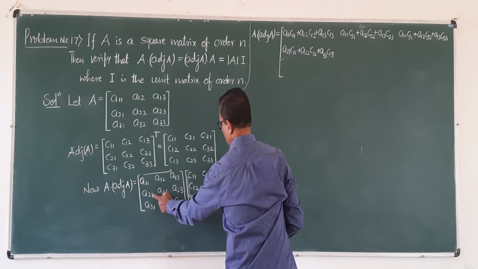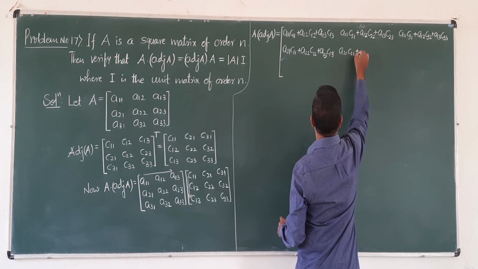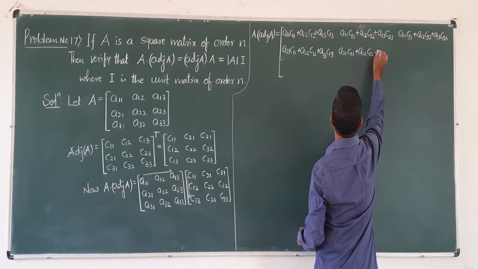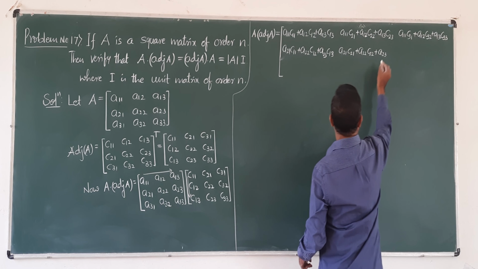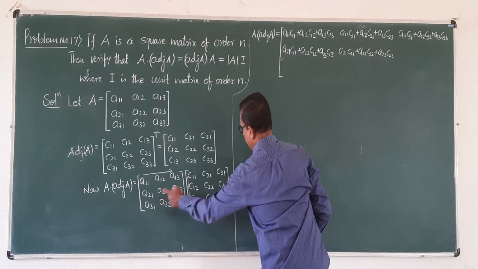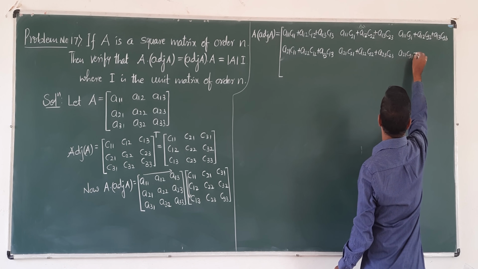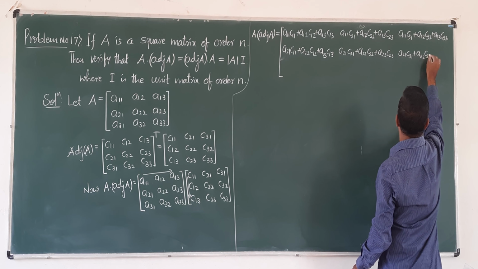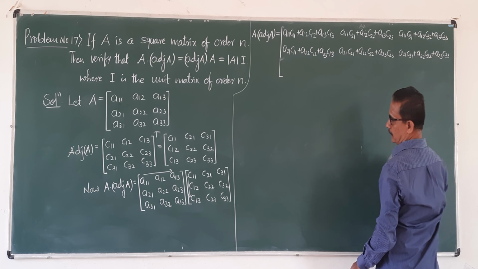Second row by second column: A21 C21 plus A22 C22 plus A23 C23. Second row by third column: A21 C31 plus A22 C32 plus A23 C33.